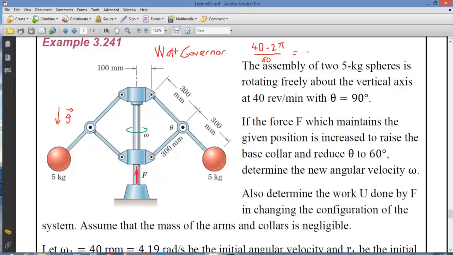Now, at this instant of 40 revolutions per minute, this theta angle right over here is 90 degrees. And the F force is then increased, so that this theta moves from 90 degrees to 60 degrees.